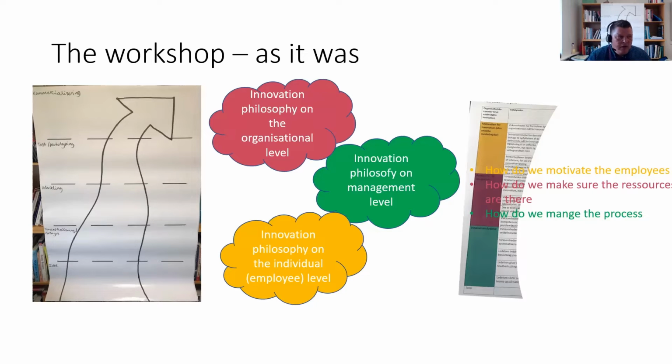And then we have had a brainstorming session where the students have to come up with frames of mind, innovation philosophies on 3 different levels, because they have ideas, even though they are maybe not aware of them.